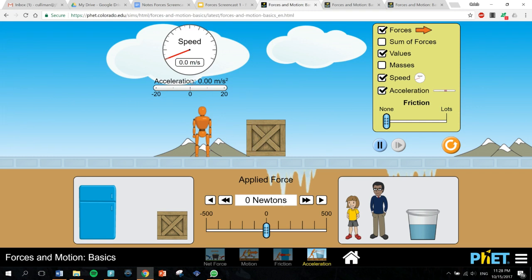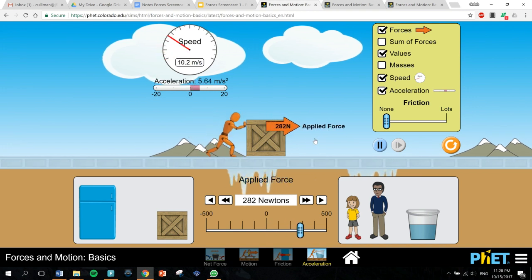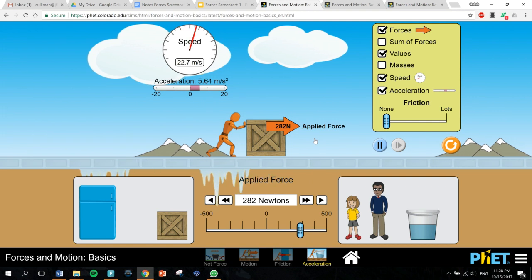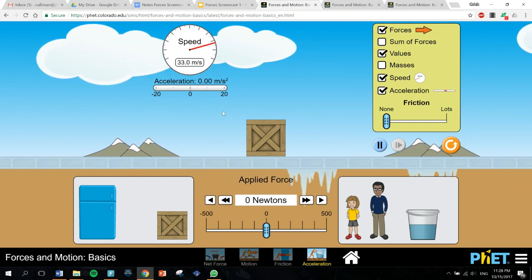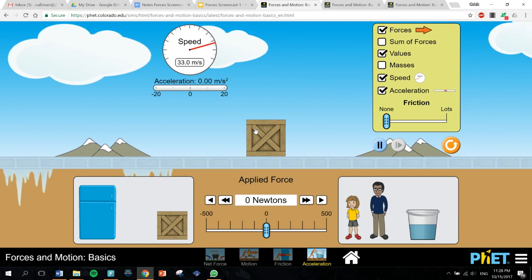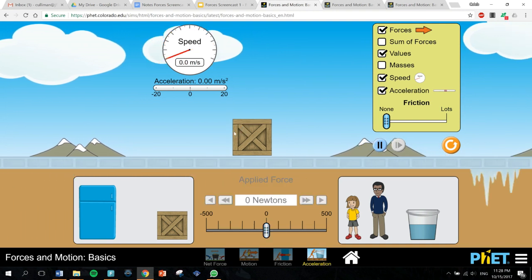We've got a box, and we've got acceleration, and we've got a person who can push this box, and I'm going to push it, and you'll see that when there is force, there is acceleration. Check it out. Oh look, there's applied force. There's also acceleration. If there's no applied force, there's no acceleration. So it's very literal, this relationship between acceleration and force.